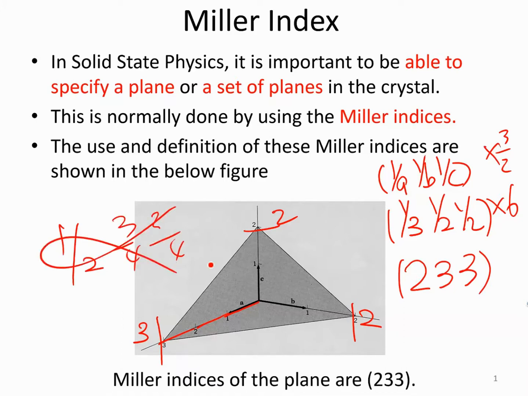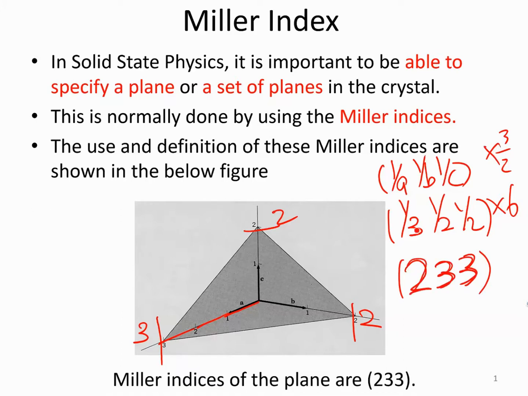This is not correct. You want to get an integer, so you have to multiply by 6. 1 over 3 times 6 gives 2. 1 over 2 times 6 gives 3. 1 over 2 times 6 gives 3. So I get the Miller index for this plane: 2, 3, 3.